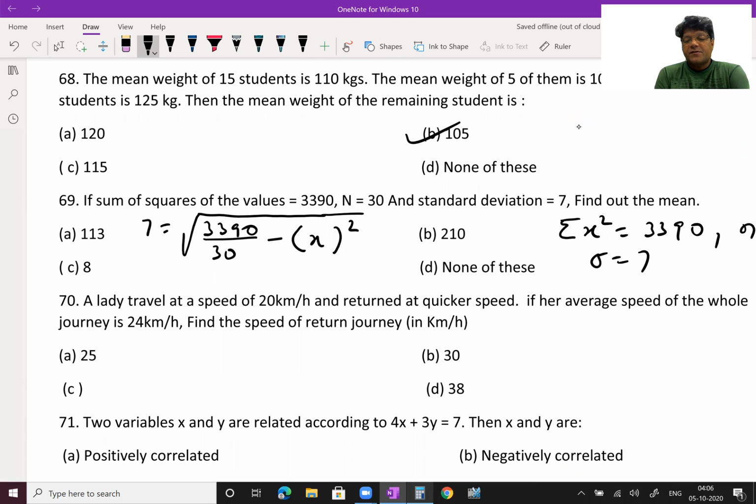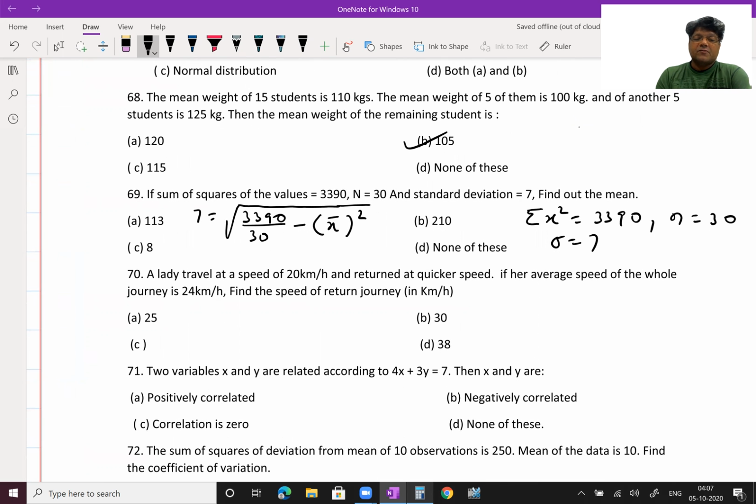Summation x by n means x bar, and this x bar we have to calculate. They have asked x bar, so they have given x bar in the options. I can put from the options and check which is satisfying, or I can solve. I will prefer solving.